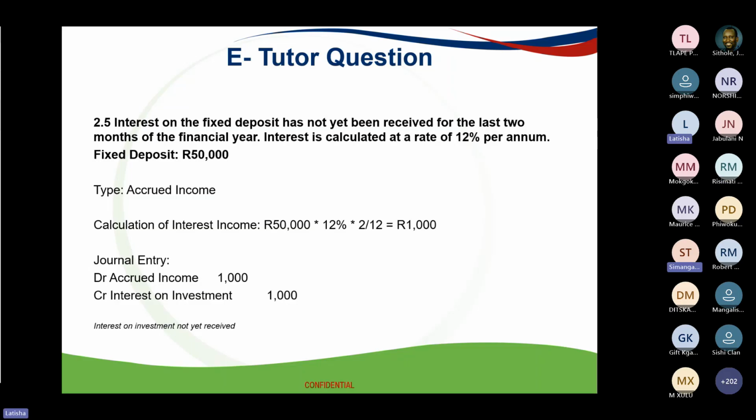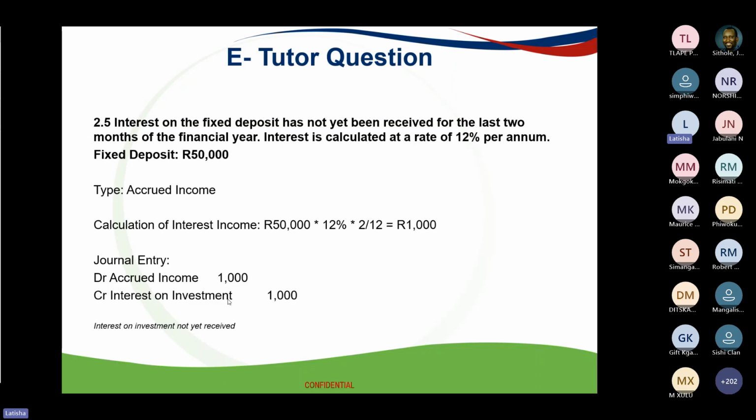What 2.5 is basically saying is that we haven't received interest income for the last 2 months of the year. So on the income side, in the income statement, you don't have 2 months of interest income. That is why we are crediting interest income here, to increase the income that is owed to us.